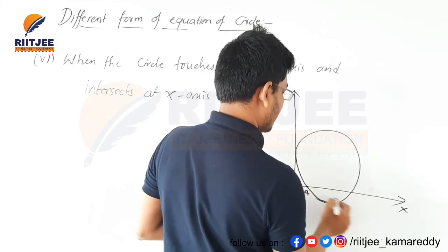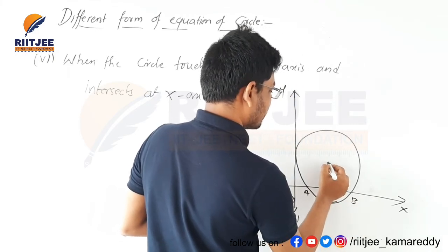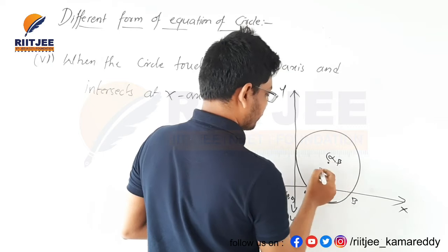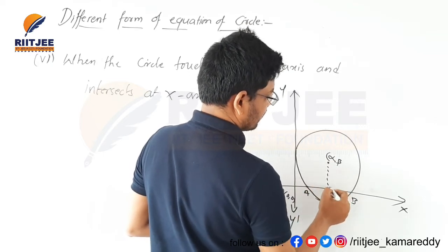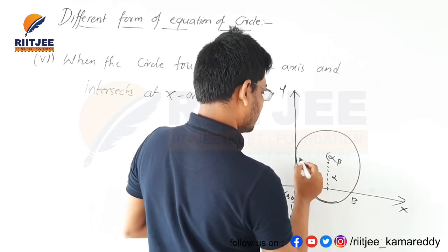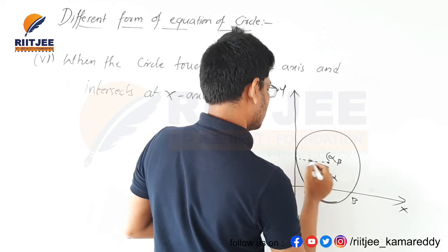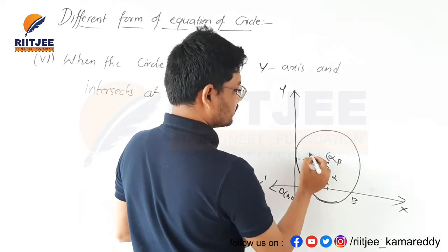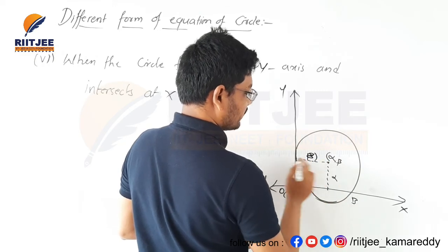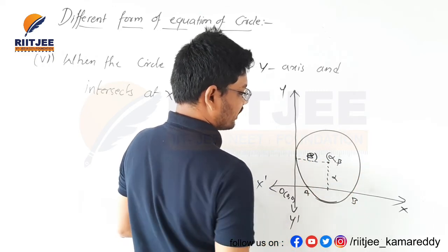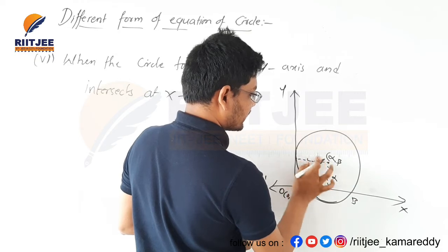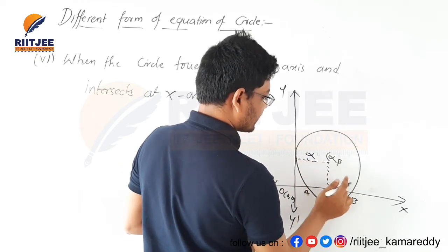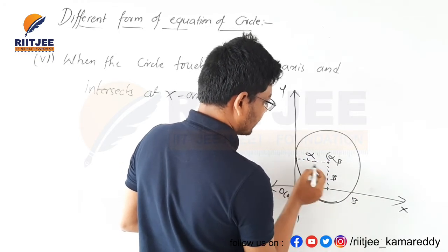This is A and this is B. This is alpha, beta, and this distance is called alpha, this distance is called beta.